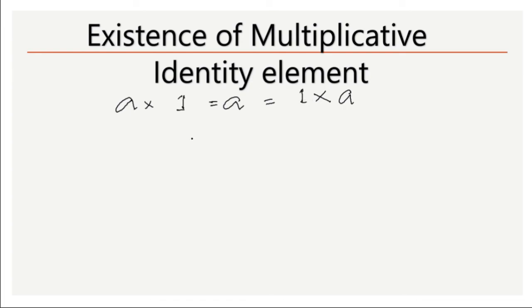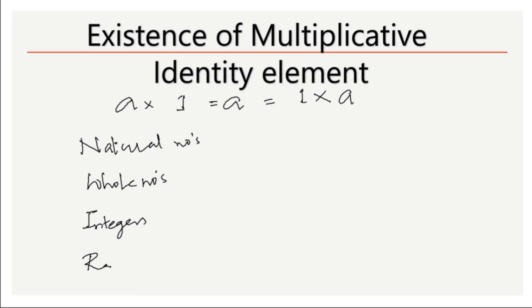So this one is called as multiplicative identity element. If you look at the natural numbers, whole numbers, integers, and rational numbers, in all the four sets, this particular multiplicative identity element is present.